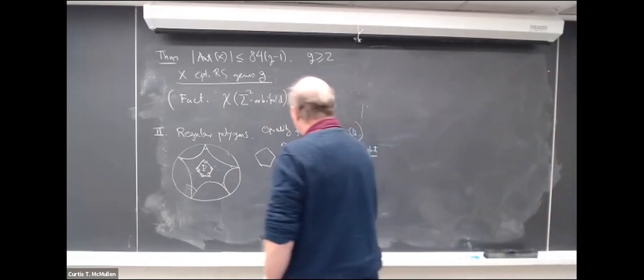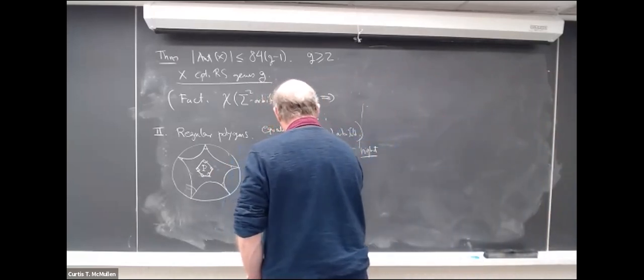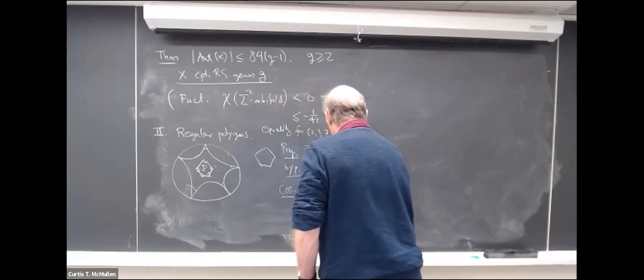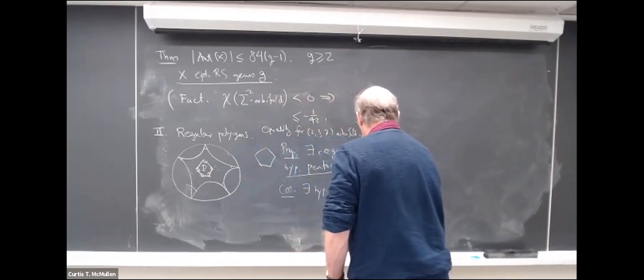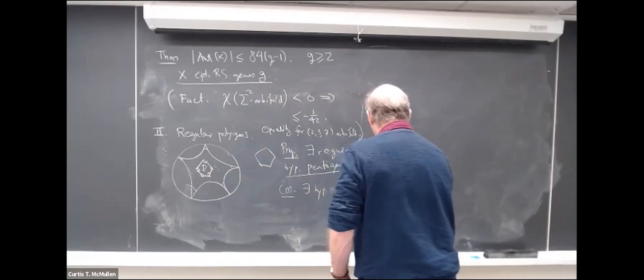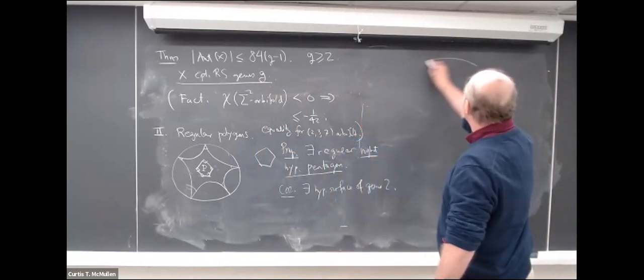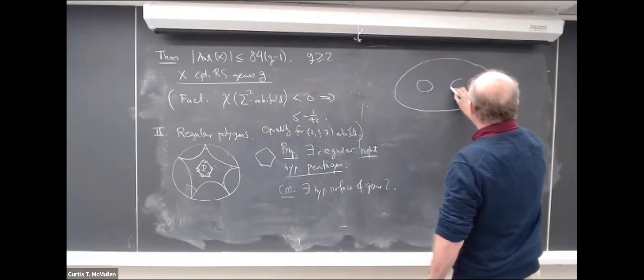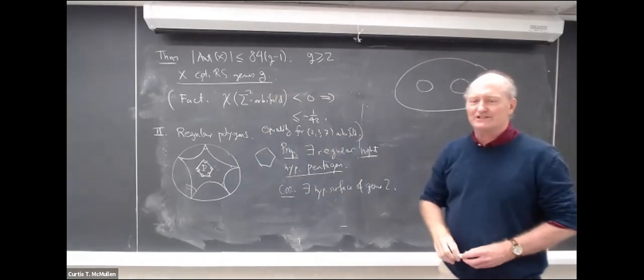And now, as a corollary, I'm going to say there exists a hyperbolic surface of genus 2. And here's the proof. In the old days, this is how people used to draw surfaces of genus 2.